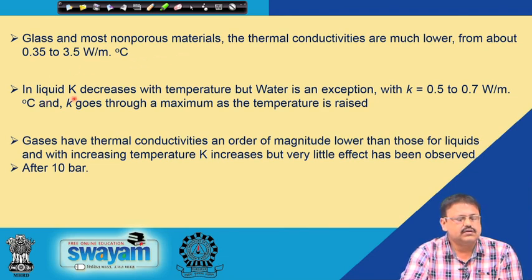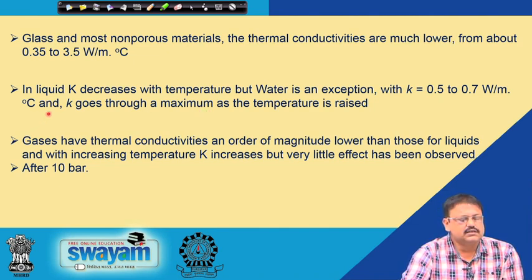In liquids, k decreases with temperature, but water is an exception with a k value of 0.5 to 0.7 watt per meter degree centigrade, and k goes through a maximum as the temperature is raised.